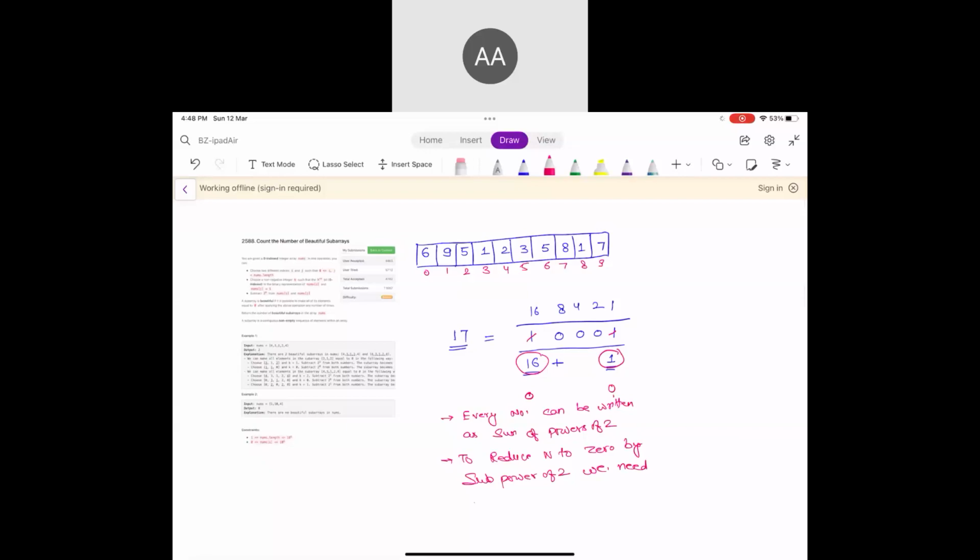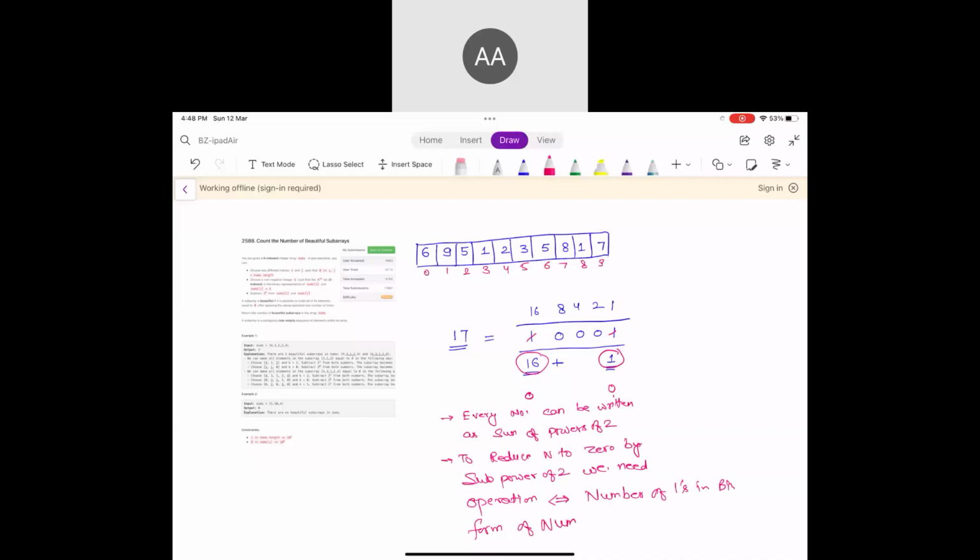We need operations which are equal to what, in binary form? If you want to reduce a number to 0 by subtracting, it is equal to the number of ones in binary form of that number, because each one is representing one power of 2.